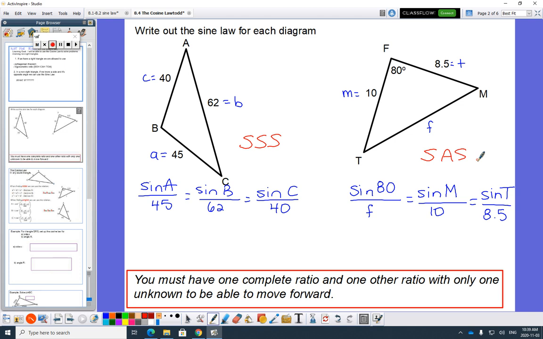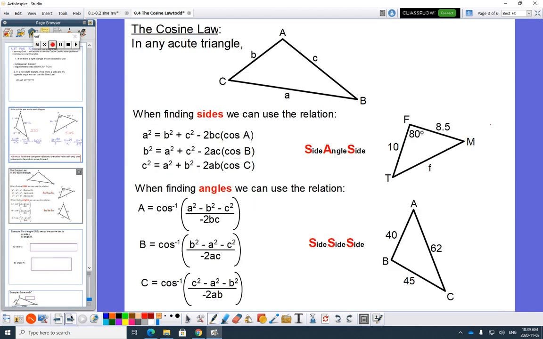So it does have, on this slide, the two relationships we're going to use, side angle side and side side side. Usually in grade 10, what you're going to do is fill in the information you know and then just go from there, okay?